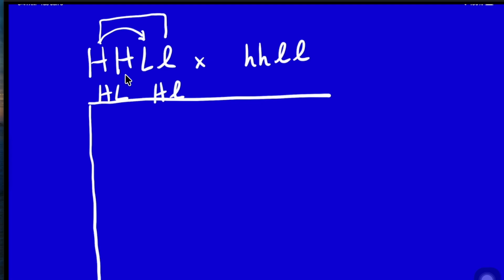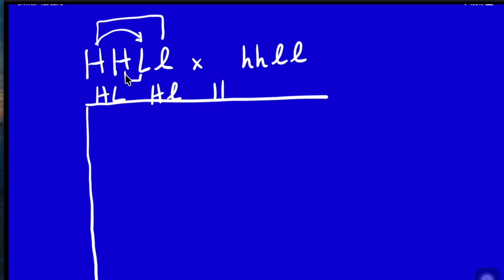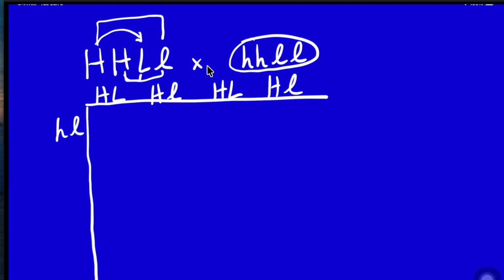Inside, that's going to be capital H, capital L, and then last, capital H, small l. And here, for this one, no matter how you FOIL that, you're always going to just get H and L. So that's the only one we're going to do.